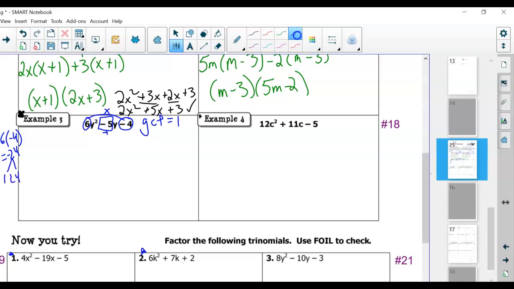It's negative 24, so one of them has to be negative, but I'm just going to write them all out first. And as you keep doing this, you may not need the factor tree, or you may be able to see it right away, or know what the two numbers are right away.